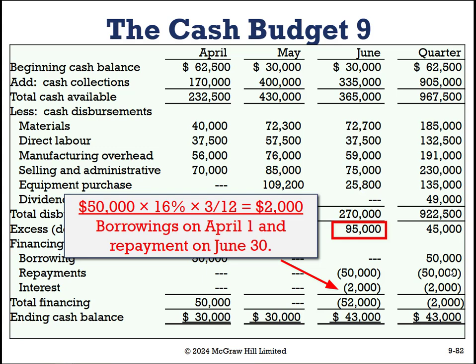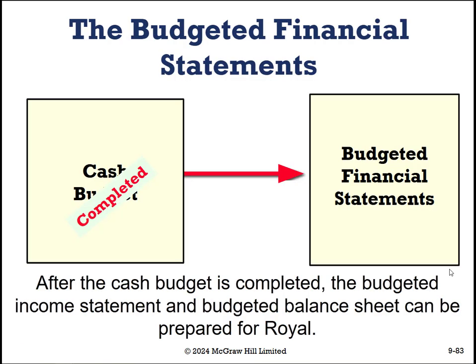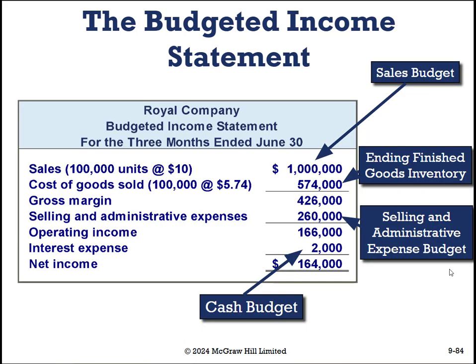So we've done all of the elements. We've figured out cash. Now it's time to put it all together into a set of budgeted financial statements. So once the cash budget is complete, the budgeted income statement and the budgeted balance sheet can now be prepared. This is where we're going to take all of our sales budgets and times by our sales units to get our budgeted forecasted sales for the 3 months ended June 30th.